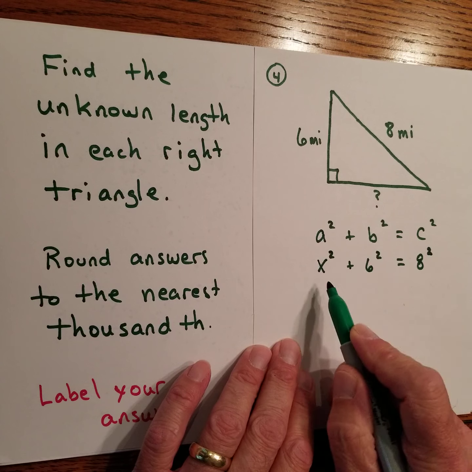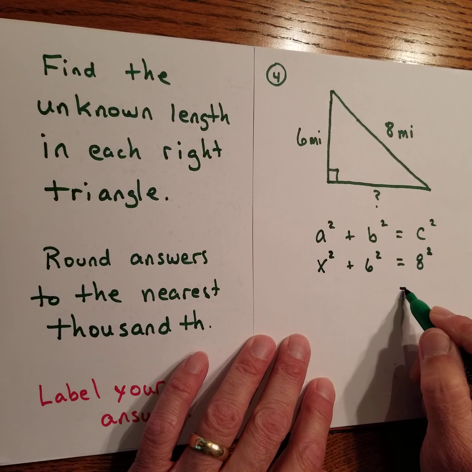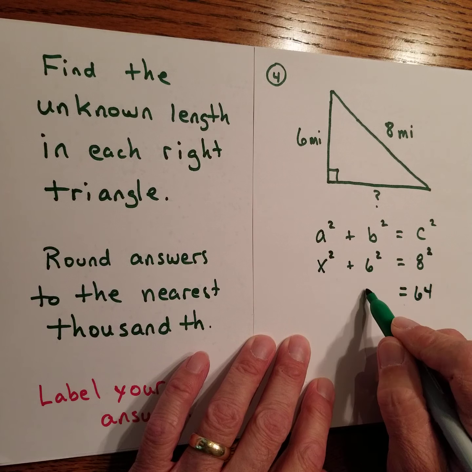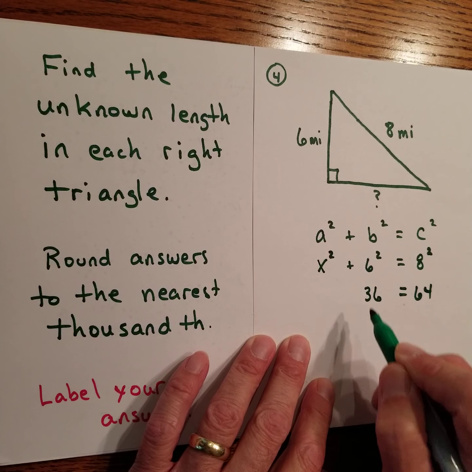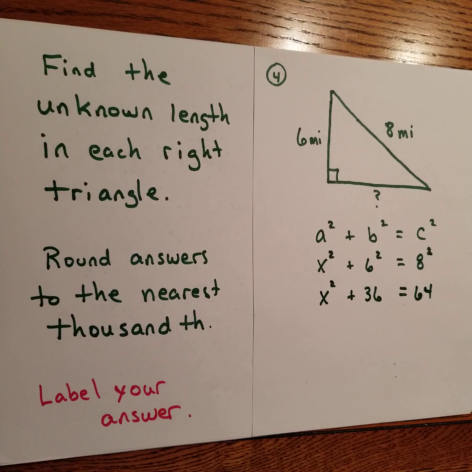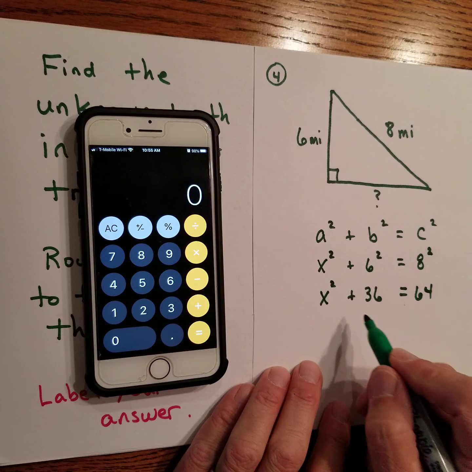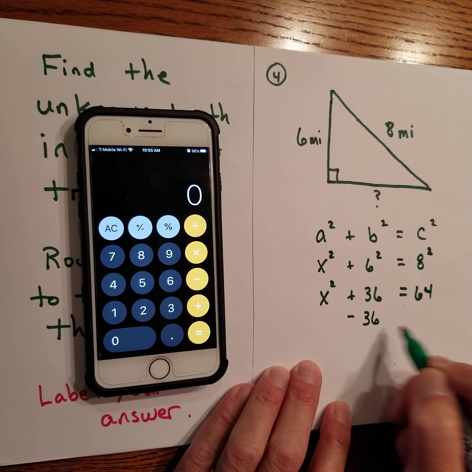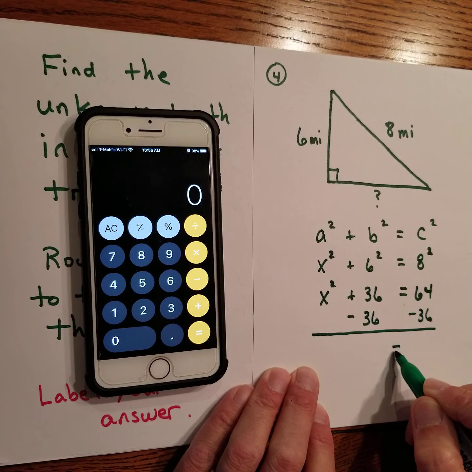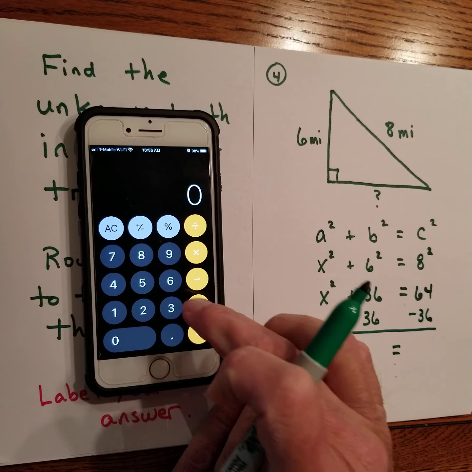These are interchangeable. Doesn't matter which is which. 8 squared is 64. 6 squared is 36. Inverse of addition is subtraction. I need 64 minus 36.